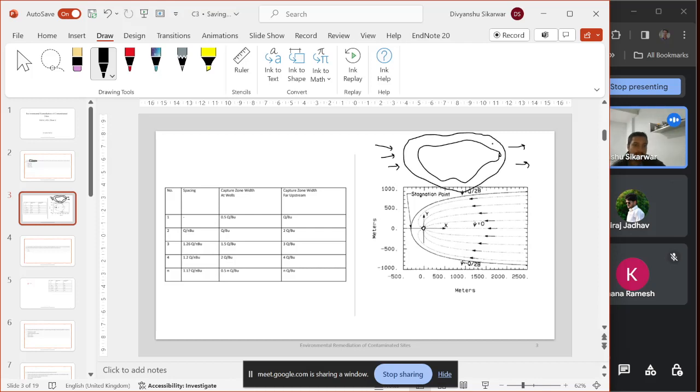Do we need one well? Where should it be located? How many wells do we need? This method is used to determine that.